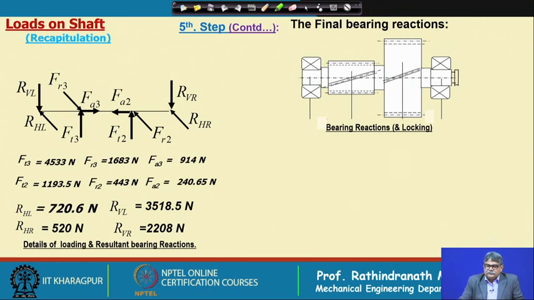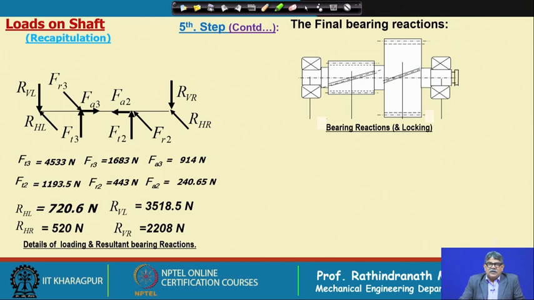The reason is that if the intermediate shaft's bearings are finalized first, then it will be easy to select the bearings for the other two shafts, that is input and output shafts in this case, because this is a 2 stage. In case of 3 stage, obviously there will be 2 intermediate shafts. In case of 2 stage gearbox, only 1 intermediate shaft.